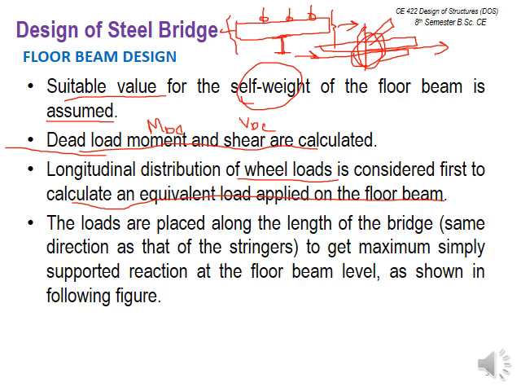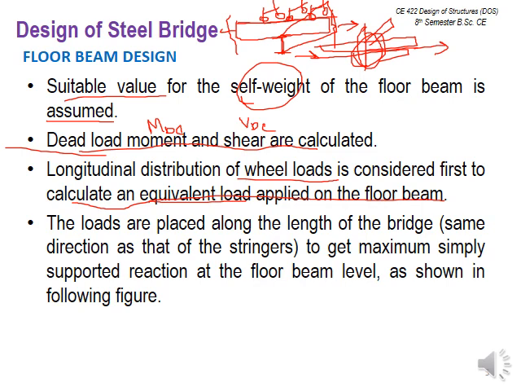So if you place your wheel load, your live load, along the stringer, along the length, it will be the longitudinal distribution for the floor beam, and then you are going to move in the lateral direction. Then consider the lateral part of it, all of the other loads on one floor beam. So after the longitudinal distribution you calculate the equivalent load, and these equivalent loads you apply in the lateral direction.